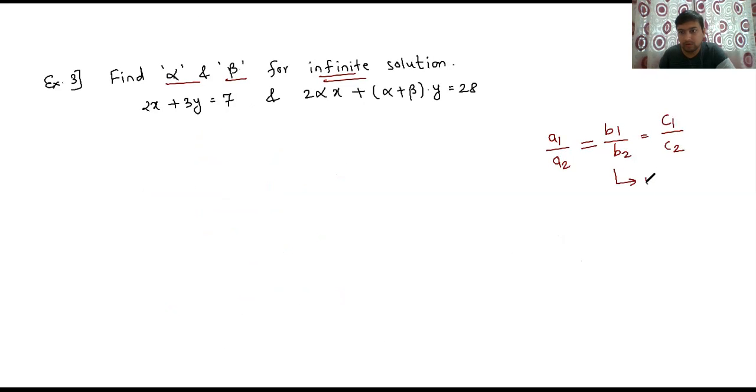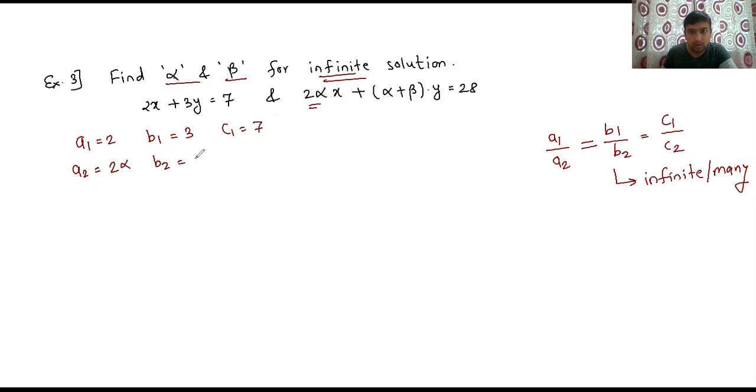This is a condition for infinite, or it is also called as many solution. Okay, let us write down A1, A2. A1 will be equal to 2, B1 equal to 3, C1 equal to 7. A2, what is that? 2 alpha, B2, alpha plus beta, C2, 28.